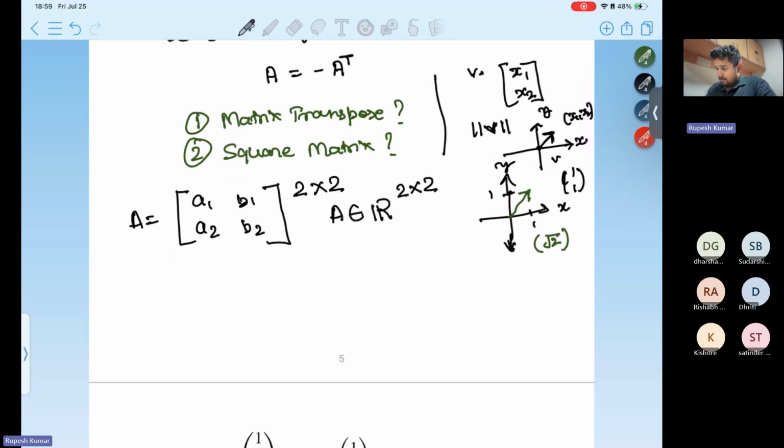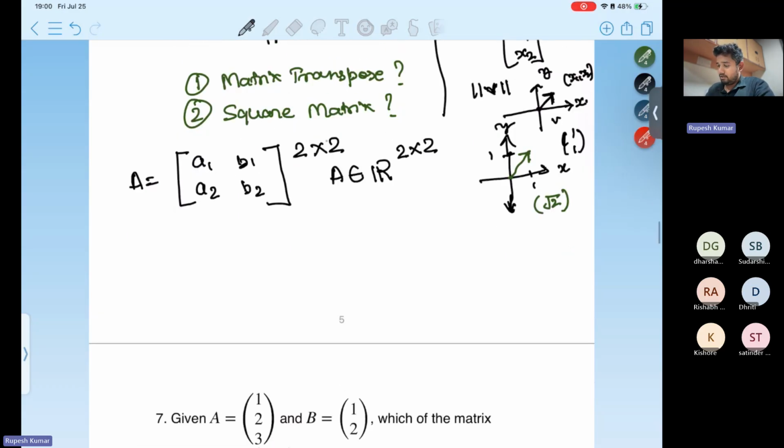Fine. This is not fixed, right? You can have matrices having more dimensions. Let's say we can have a matrix that has some arbitrary dimension m cross n, right? Now in this category, you have classifications. If m equals n, it is a square matrix.